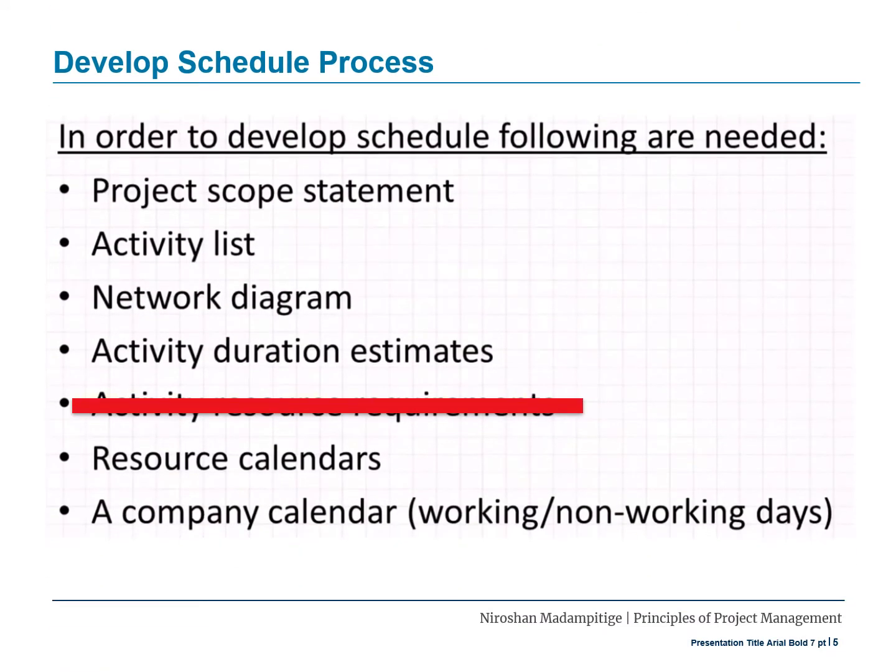In order to develop the project schedule, following are needed: project scope statement, activity list, network diagram, activity duration estimates, resource calendars, and company calendar that indicates the working and non-working days. Together with that, available resources will be an input for creating the schedule.